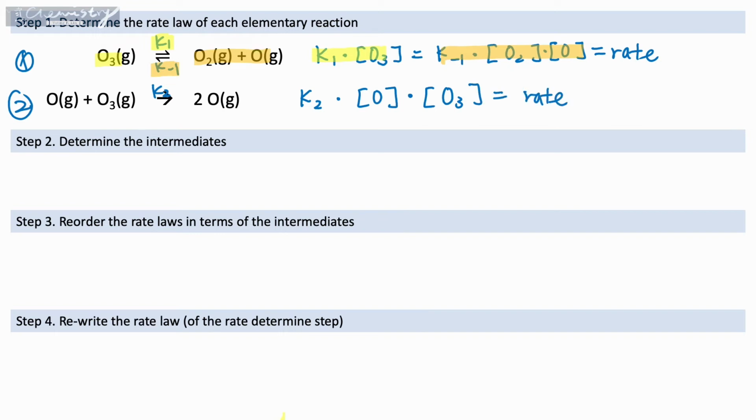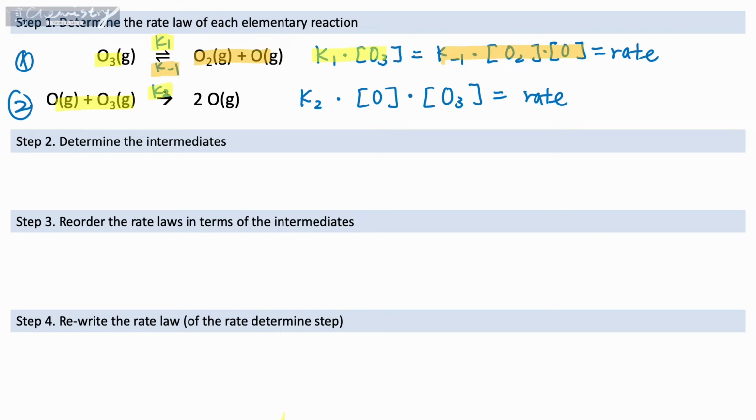The reason why we don't have an inverse one like the top one is because it is only a forward reaction, so it is only dependent on the reactant. Whenever we have a double arrow, that means we're at equilibrium, so the reaction can go this way or that way, and both of them can act as a reactant, essentially. That's why we have to do them both. But that is to determine the rate law for each elementary step.